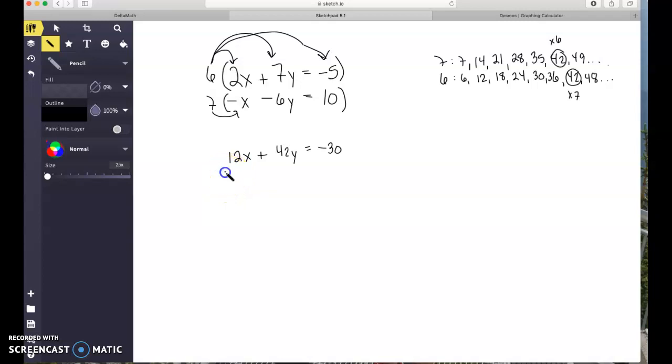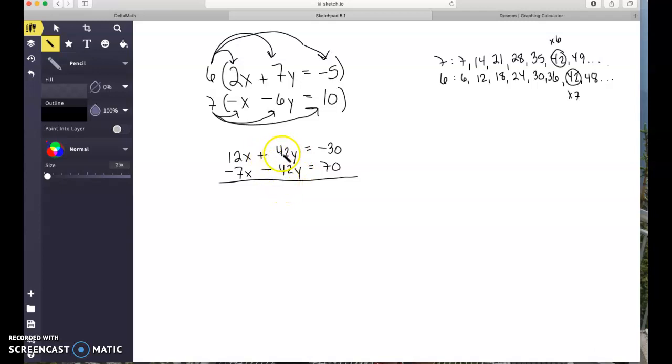So 7 times -x is -7x. 7 times that -6 gives me -42y. And 7 times 10 is 70. And now we see we have matching coefficients on our y's, so we can solve this system by eliminating the y variable.